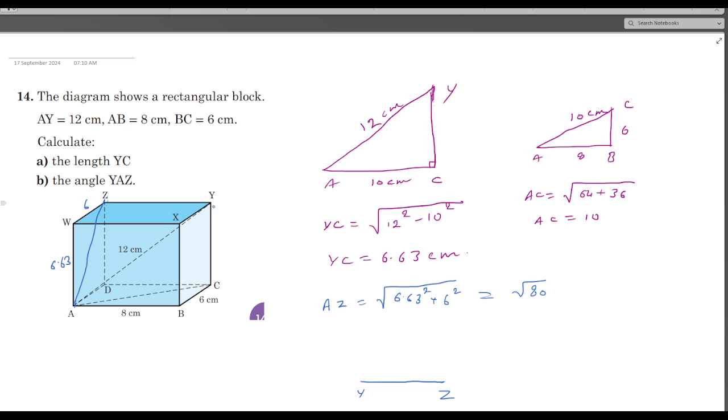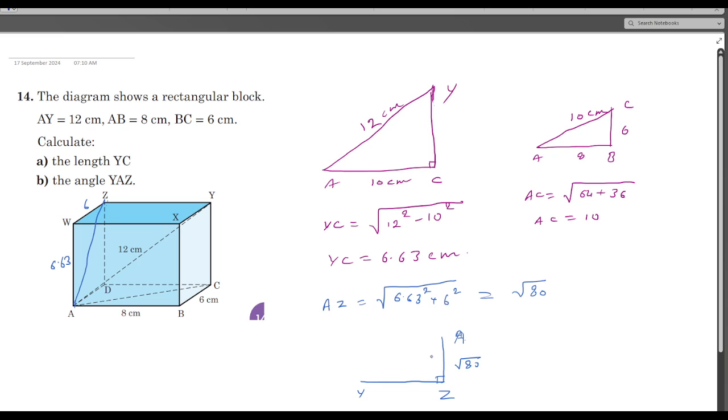So any line which is in the XYZW plane will be perpendicular to the line which is in the plane ADZW. This is a little technical, but your ZA is going to be perpendicular something like this. Say this is A. Here angle Z is going to be 90 degrees. Now AZ length we have already figured out, which is root 80.